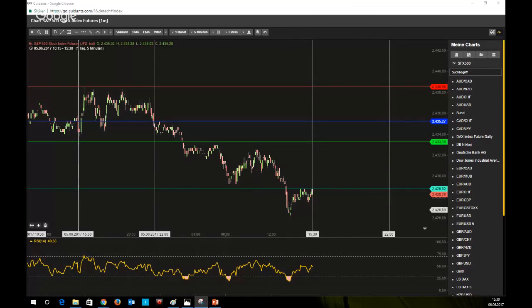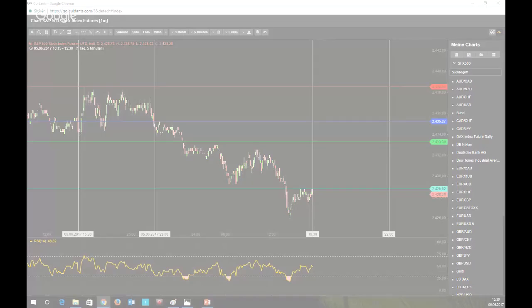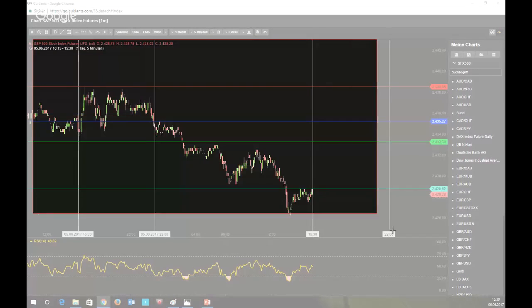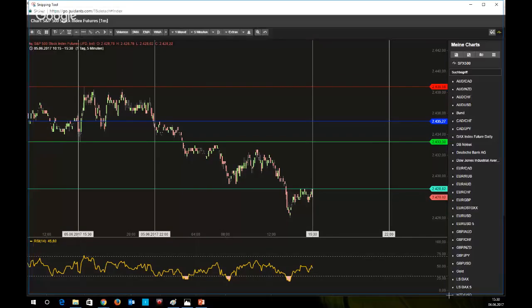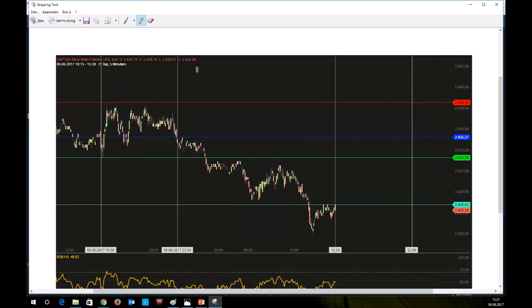One second. I'll just snip this, and I'll just put it here. So no, let's do it that way. Okay, let's have the red. It's the 5 min SPX.